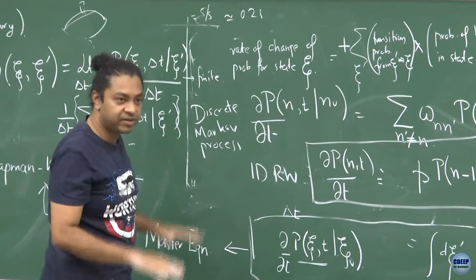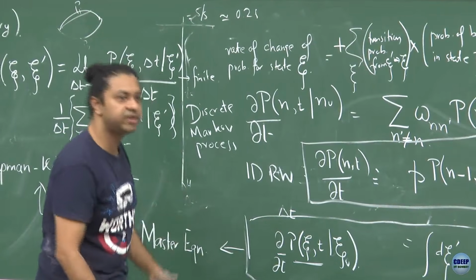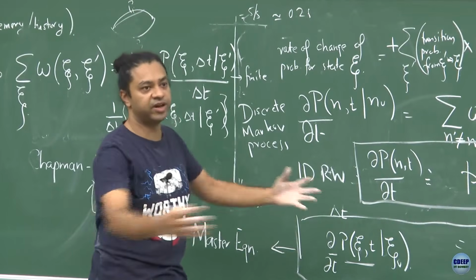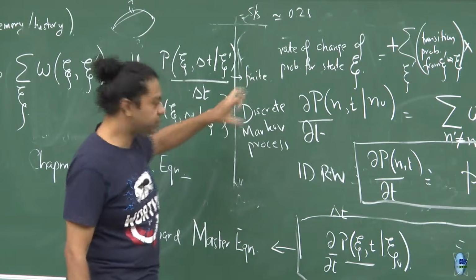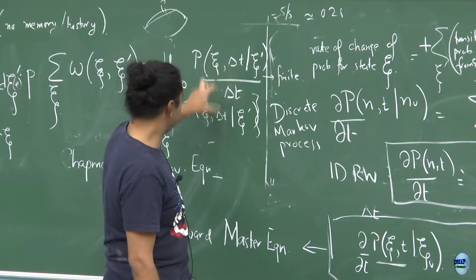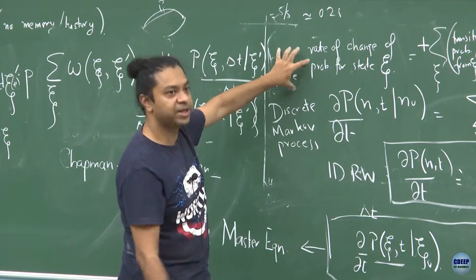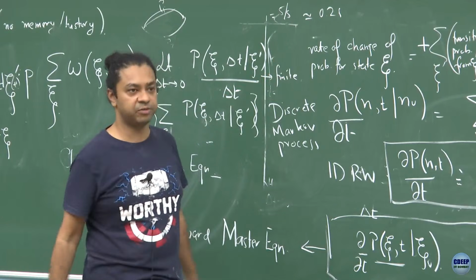The inverse of the sum of these rates gives me the typical residence time of staying in that state before I escape through a hop to any of these other accessible states. That has some physical unit, because the way you take delta t going to 0 gives you some finite rate, and the sum over all of these rates gives you the inverse of the residence time of staying in that state.